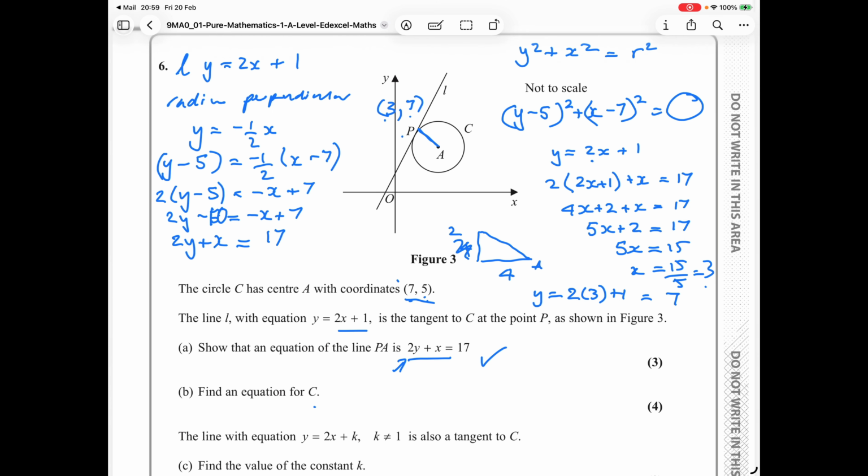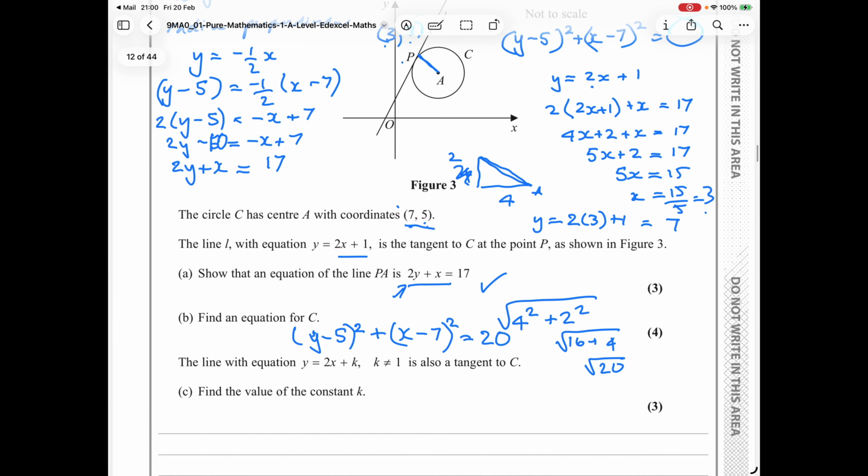So in order to find out what the hypotenuse is, we have to do 4 squared plus 2 squared and square root it, which is 16 plus 4 square rooted, which is 20. So the answer to the equation for C is going to be y minus 5 squared plus, I think you normally put this the other way around, but it doesn't really matter, x minus 7 squared equals root 20 squared, but we can just say 20. And that's the answer to that bit.